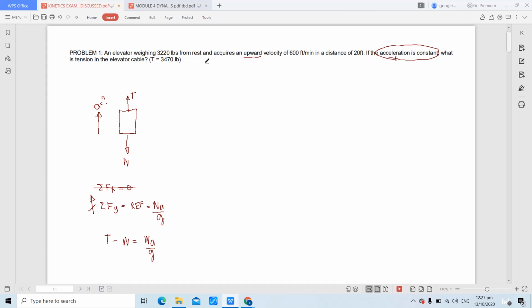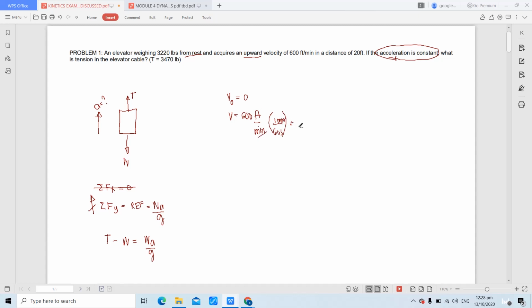So, the parameters given: it starts from rest. Therefore, initial velocity is 0. And then, final velocity is 600 feet per minute. Correct? And then, let's convert it into seconds. 1 minute is 60 seconds.